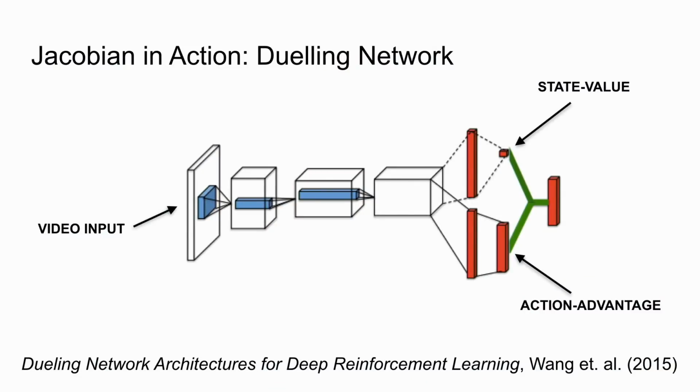So this is a system that is being trained, I think in this case on Atari games. It's getting video streams as input, and it has to choose the actions that it should take as output. But unlike most of the deep neural networks applied to Atari, this one has what we call two heads. It has two sets of outputs. One of them tries to model the value of the current state, and the other attempts to model what we call the action advantage.